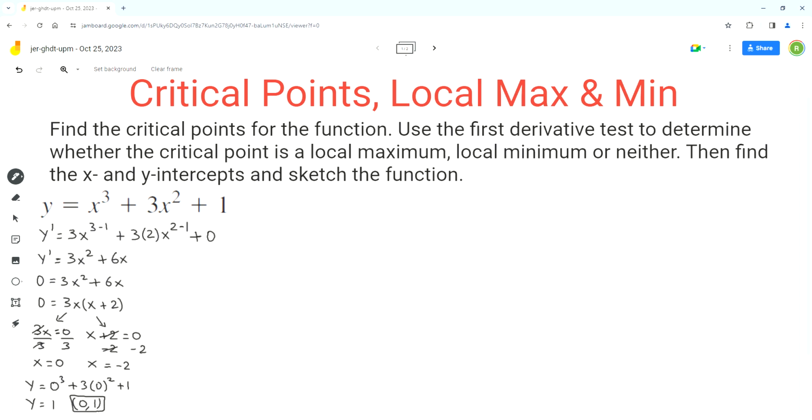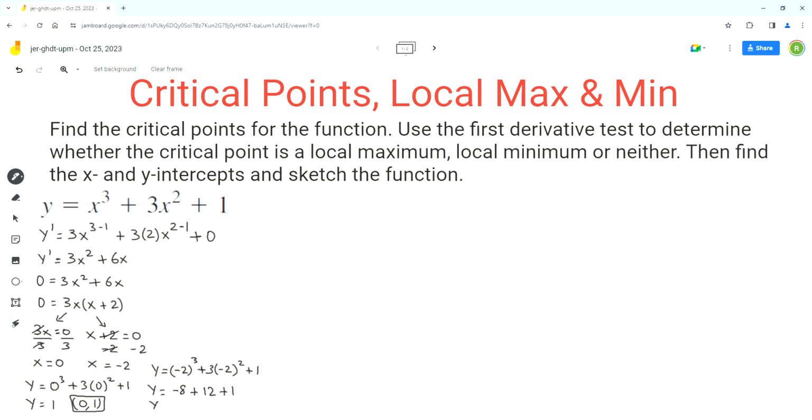Now for the other critical number x equals -2, we should sub in x as -2 in the given function. So -2 to the power 3 plus 3 times -2 squared, then plus 1. So we get y equals, -2 to the power 3 is -8, and then -2 squared is +4, and 3 times 4 is 12, plus 1.